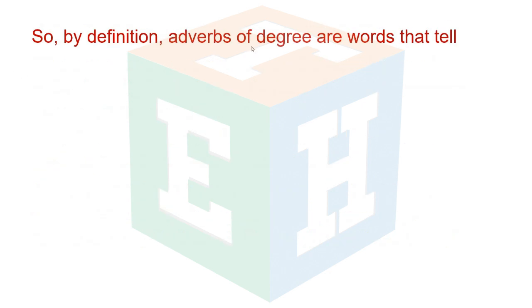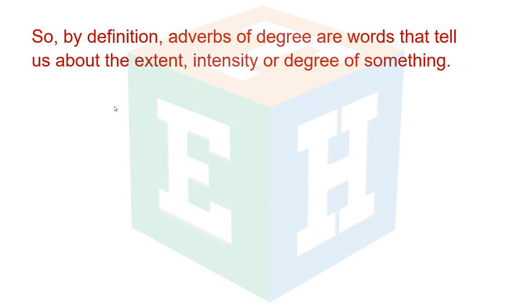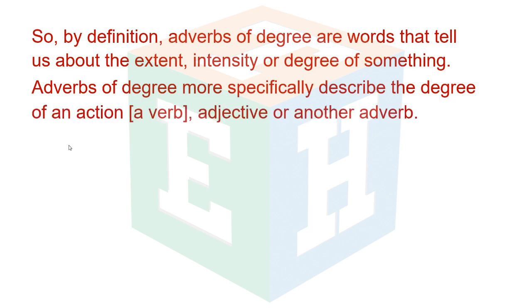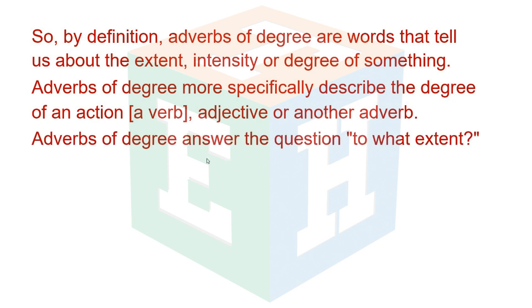So, by definition, adverbs of degree are words that tell us about the extent, intensity, or degree of something. Adverbs of degree more specifically describe the degree of an action, a verb, adjective, or another adverb. Adverbs of degree answer the question, to what extent?